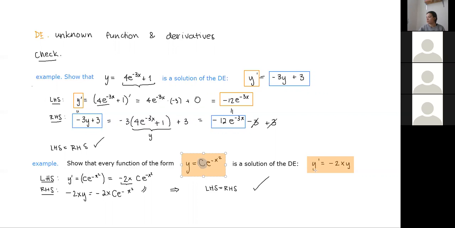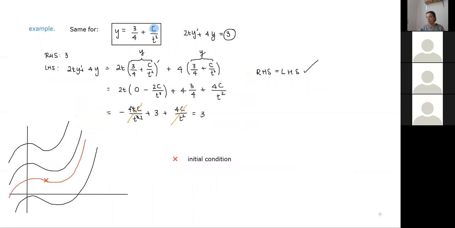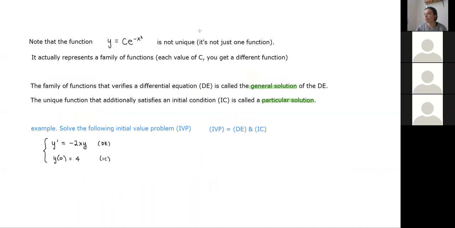So I know that any function of the form y is equal to c times e to the minus x squared is a solution of this differential equation.